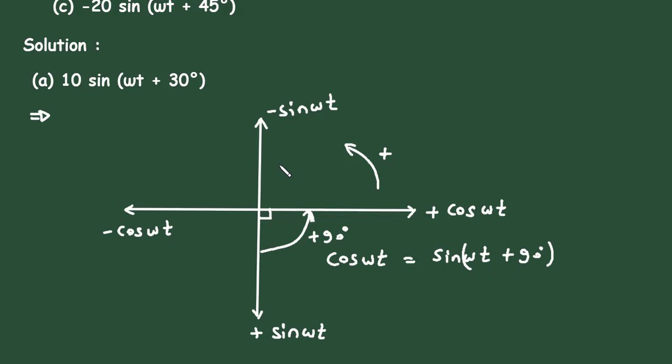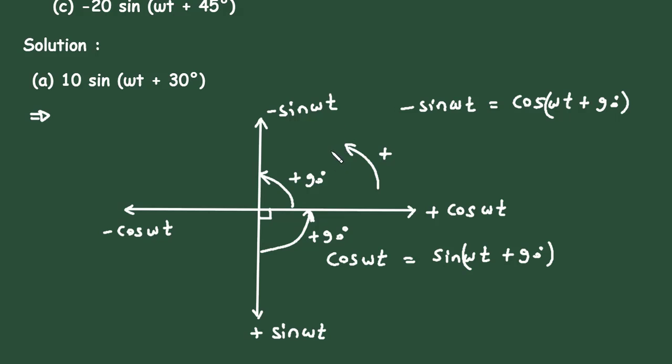Then suppose if we are moving from here to here, then this will be minus sin omega t is equal to cos omega t plus 90 degree.